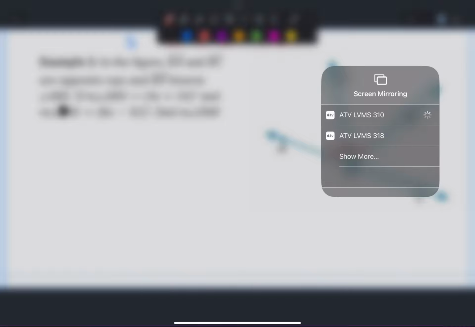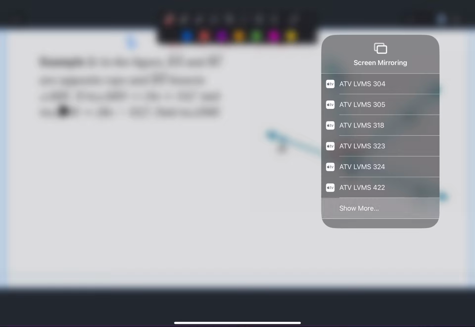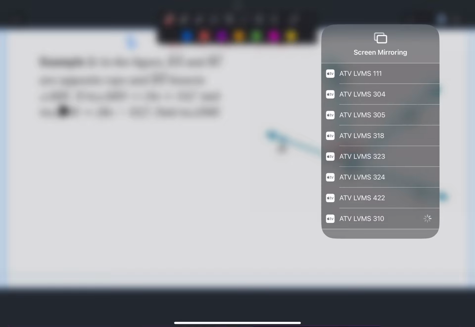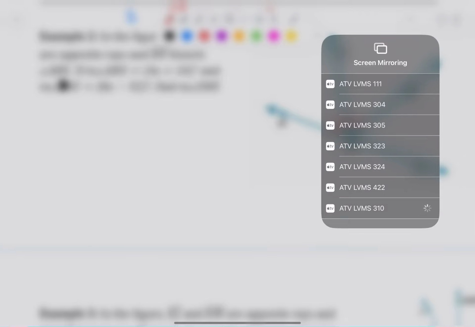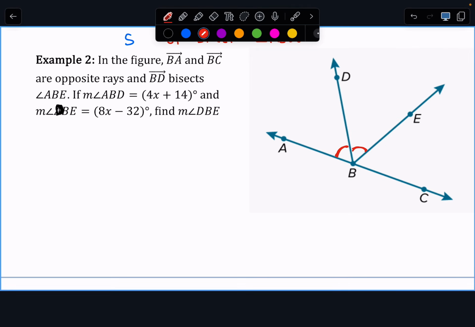If those two are congruent, what can we do with the measures? If ABD is 4x plus 14 and DBE is 8x minus 32, what can we do with those two things? Set them equal. Okay.